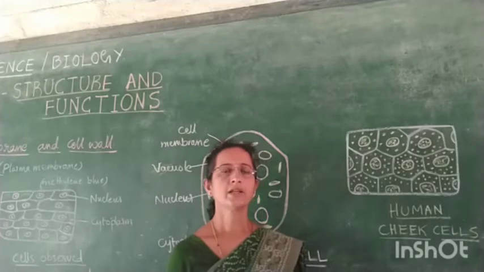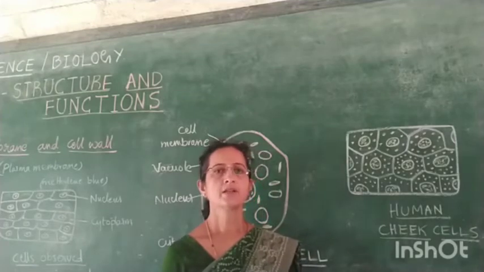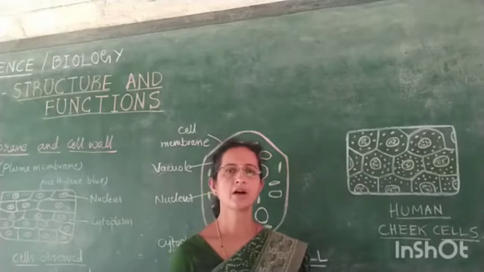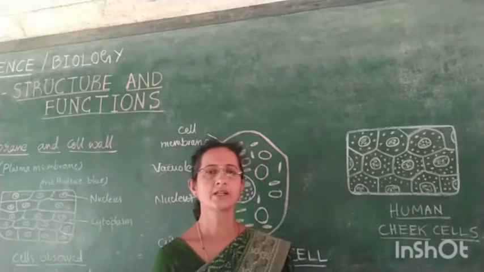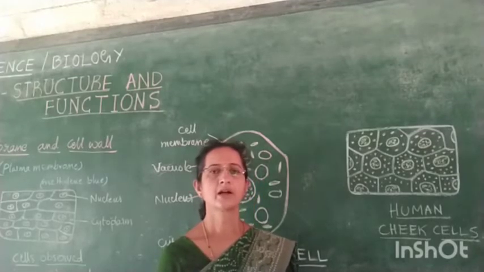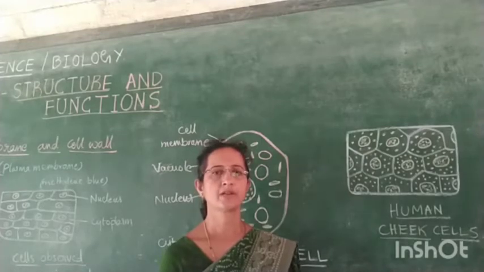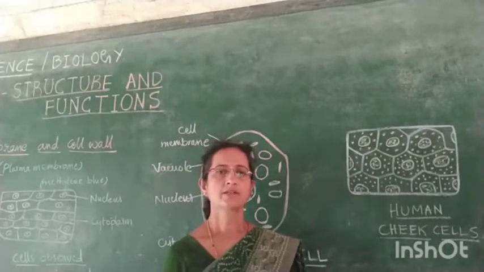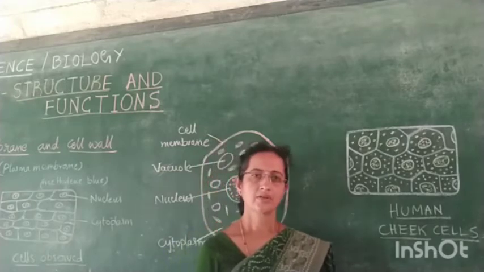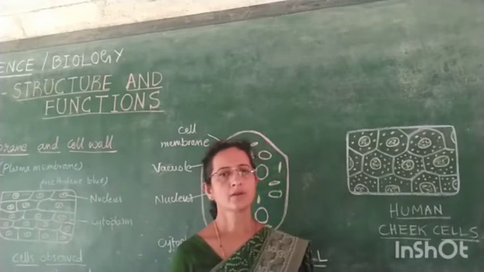So we learned that in the plant cell there is a cell wall which gives protection against harsh environmental conditions like high temperature, high pressure or high wind speed. It also has a cell membrane which gives various shapes to the cells.